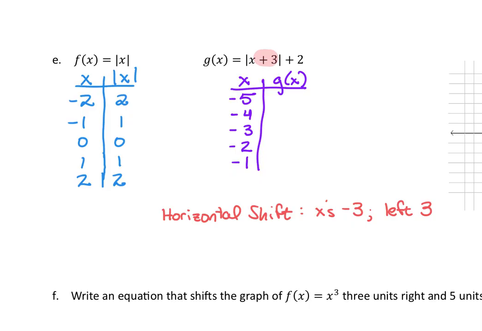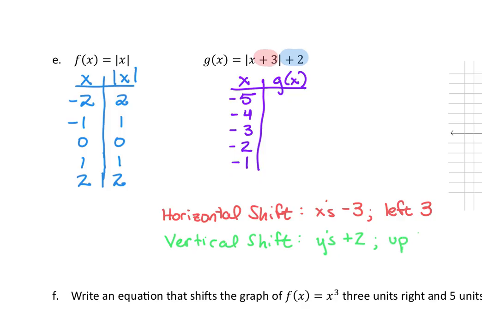The other thing that we want to look at is we have on the outside of our function, we have a +2. And so this is going to be a vertical shift. Remember, vertical, we do exactly what it says. And so we are going to take our y's and add 2.